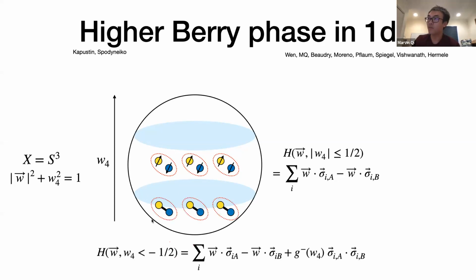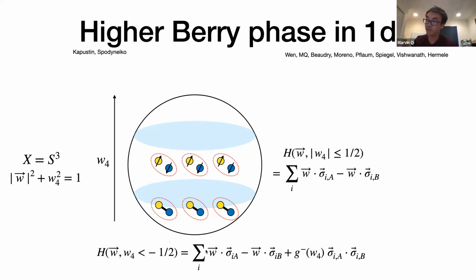Now, for the lower hemisphere, what I want to do is add a Heisenberg antiferromagnetic exchange interaction. I still have this spin in a magnetic field term, and I also have this Heisenberg exchange term. But as I take W4 to -1, the W vector goes to 0 because I'm constrained to live on the 3-sphere.